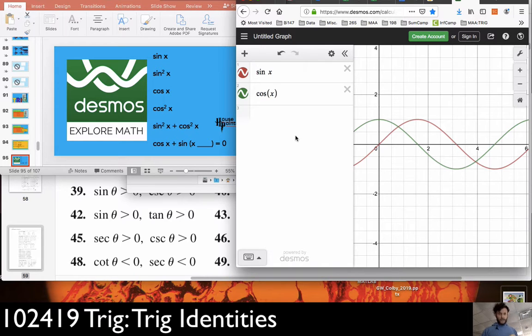Okay, so let's try this next thing. Let's try sine squared x, let's put that in parentheses, plus cosine squared x.